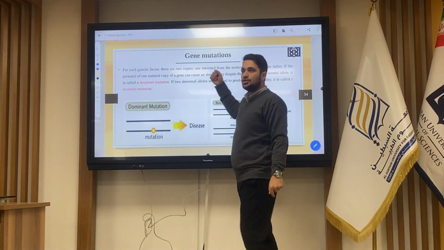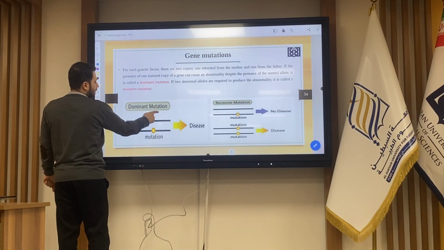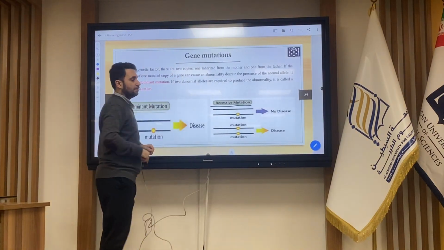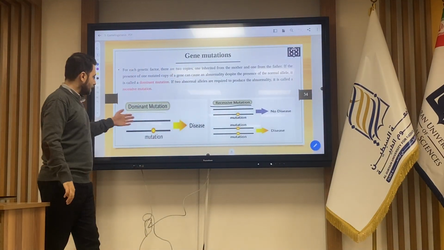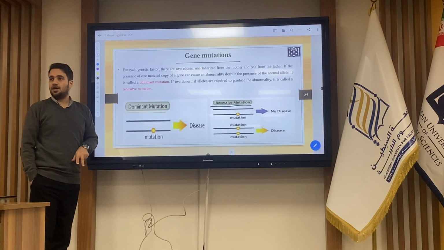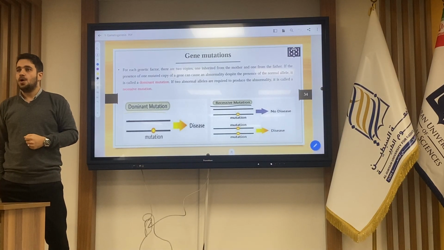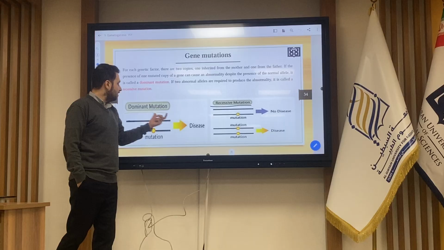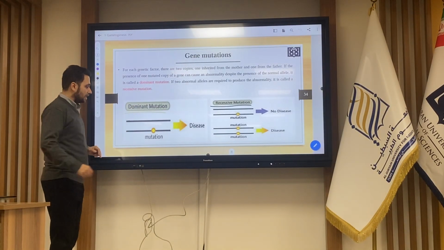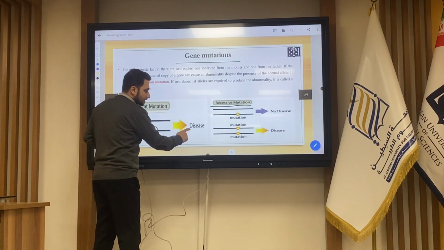The mutations in the genes can be dominant, and can be recessive. What does it mean? Look at here. For example, we have these two genes. We have one of them from the mother, one of them from the father. What happened in the child? If one mutation in the gene is dominant, it means that when one of them has the mutation, it leads to disease.